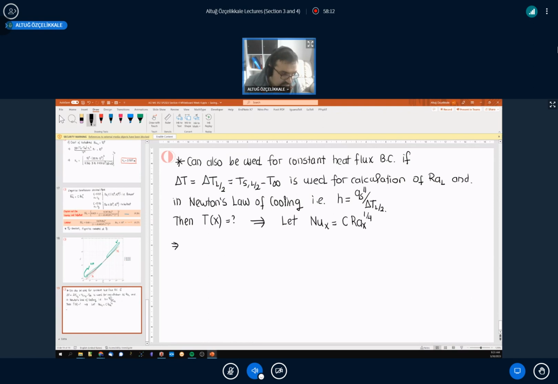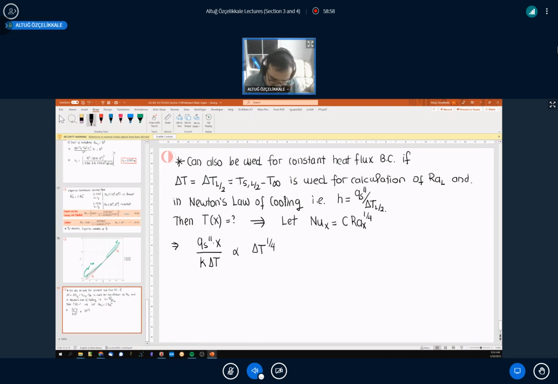And from here, you can see that when you write the Nusselt number in terms of h, and on the other side, you are going to notice that the Rayleigh number includes the delta T, and this delta T, hold on a second, that's not 1/4. Okay, so this delta T is going to be raised to the power 1/4, and let me write it properly.